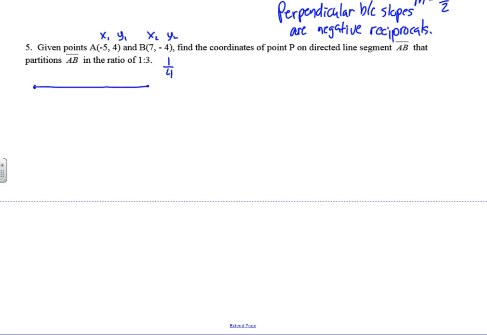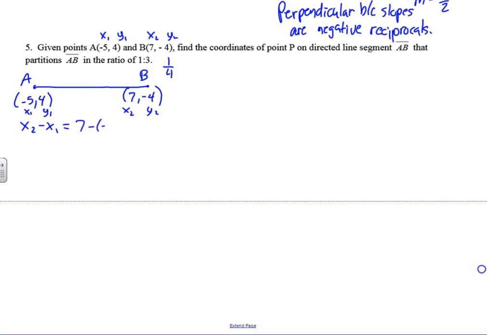One of the ways that we've done it is to take A, which is negative 5, 4, and B, which is 7, negative 4. And we're trying to find the difference between the two. So, x2 minus x1. This is x1, y1, x2, y2. Another way of thinking about this would be the run.